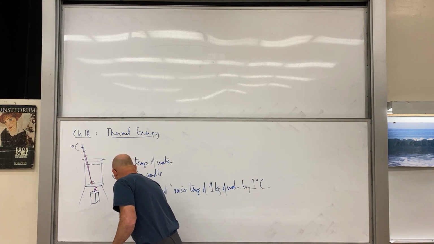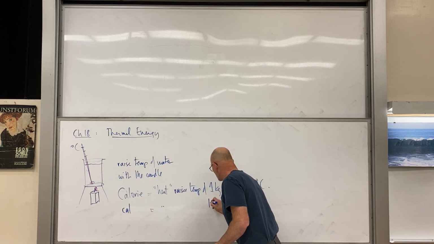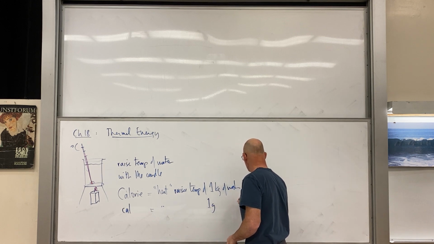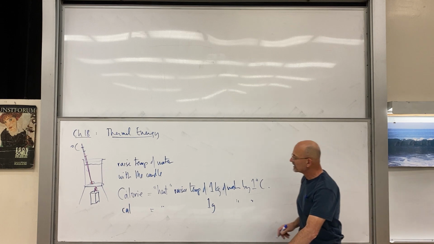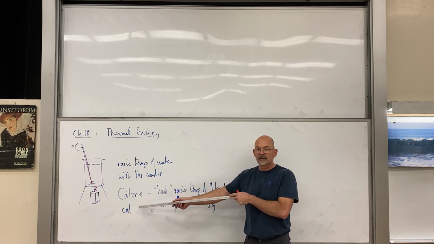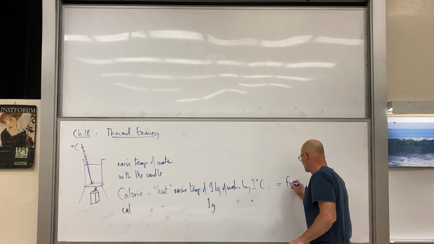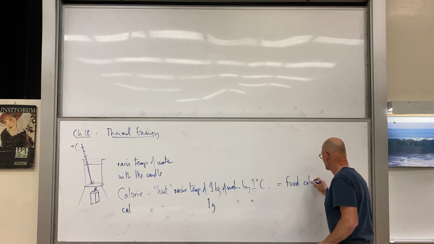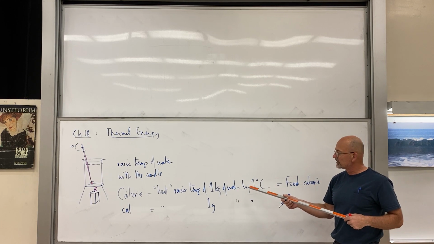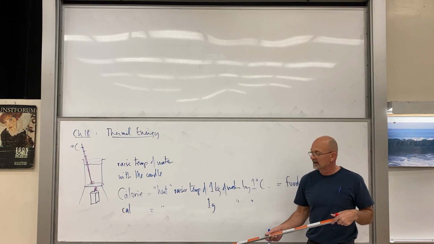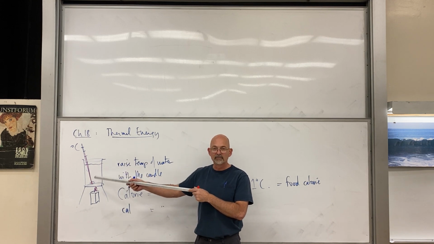Lowercase c calorie, ditto everything here, 1 gram of water by 1 degree Celsius. Now interestingly, this uppercase C calorie is the food calorie. In fact, the way the caloric content of food is determined is by burning it and seeing the temperature of some substance, say water, be increased.